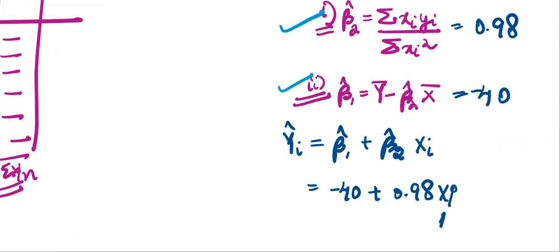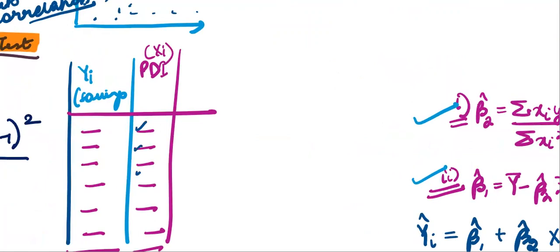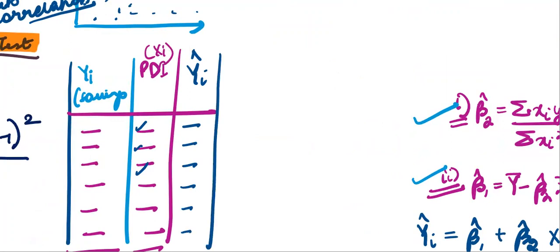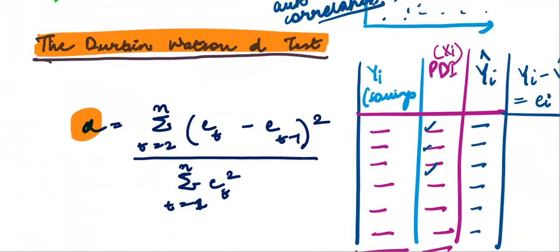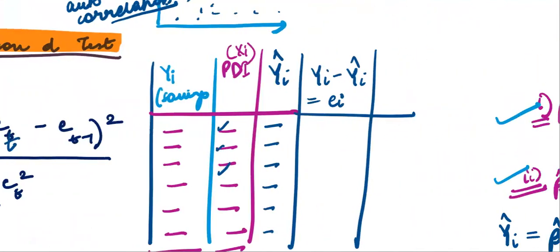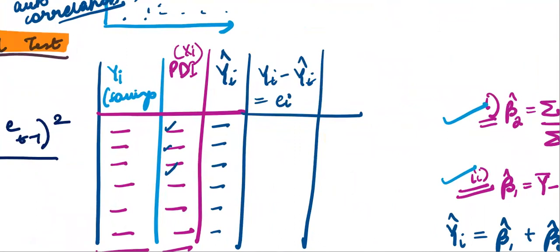You will put different values of xi's, and by putting those values you will get the values of yi hat. You will subtract yi minus yi hat, and that will give you ei. It's written in t because, as I told you, a time series data set is most likely to have autocorrelation. So we can put all of this in time period t instead of i.